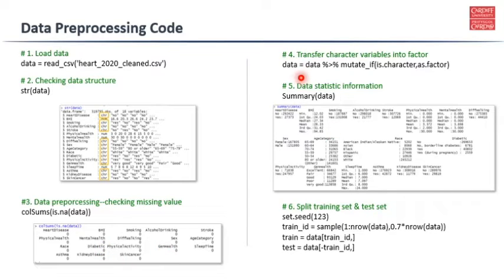Next, let's convert the category variables to factors so that we can see the different attributes in the variables by the summary command. And then we check the statistics of each variable. The aim is to find out if there are any outliers; if they occur, we can remove them.